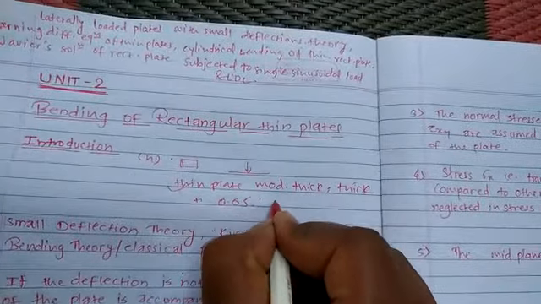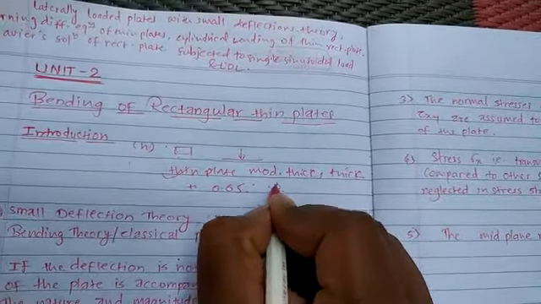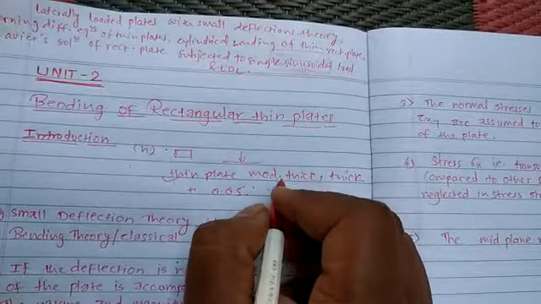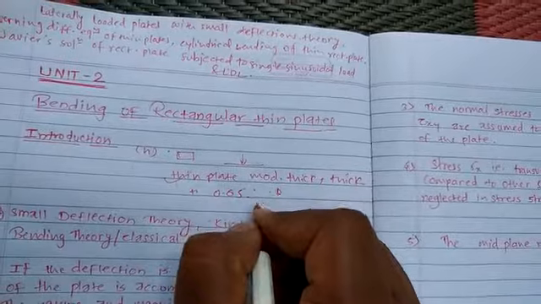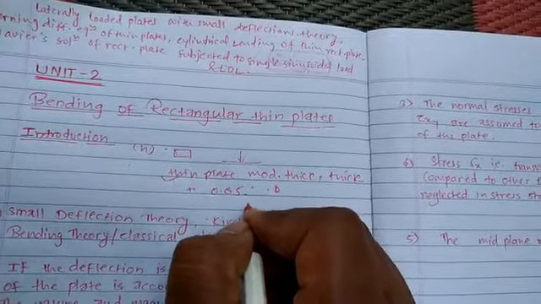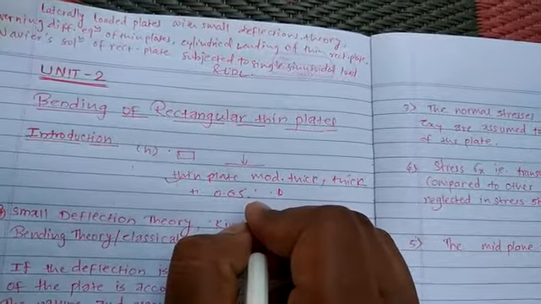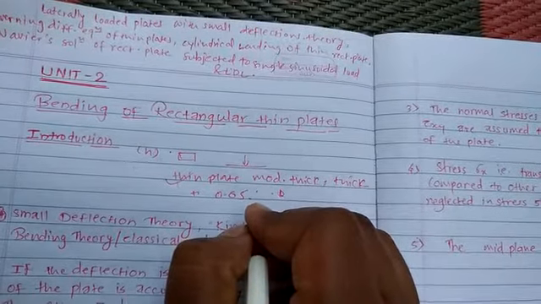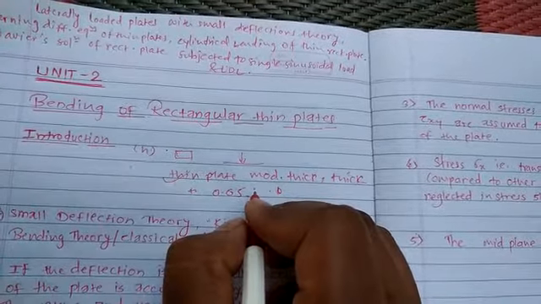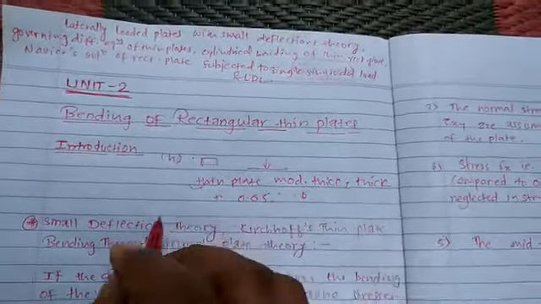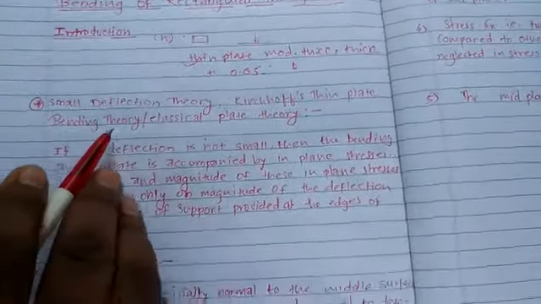So if this ratio is less than 0.05, then we'll call that plate a thin plate. The simplest and most widely used plate theory is classical small deflection theory of isotropic and anisotropic plates. Okay, so we'll see the small deflection theory now.